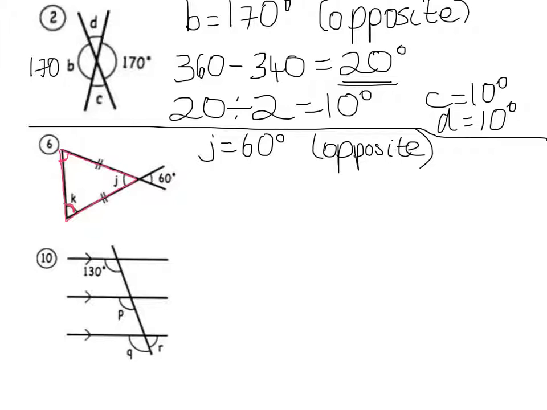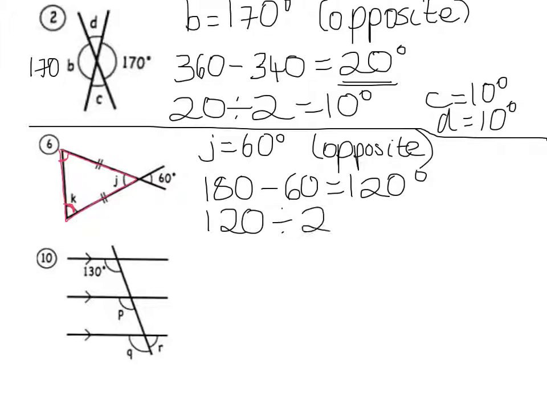So because we now know that J is 60, and the angles in a triangle add up to 180, if I do 180 take away 60, which gives me 120 degrees, I know that these two angles here have to add up to 120. I also know that those two angles have to be the same. So very similar to example 2, I can do 120 divided by 2, gives me 60 degrees.